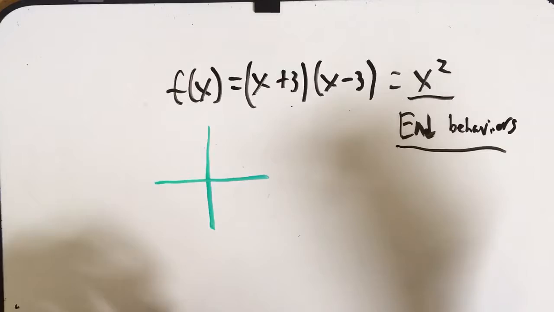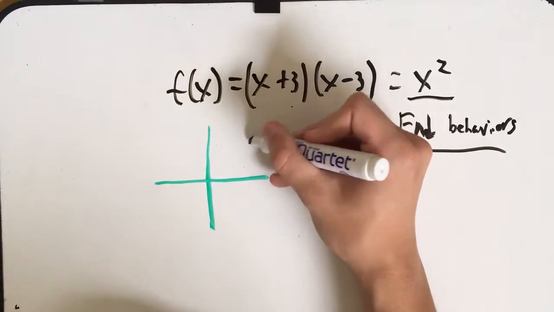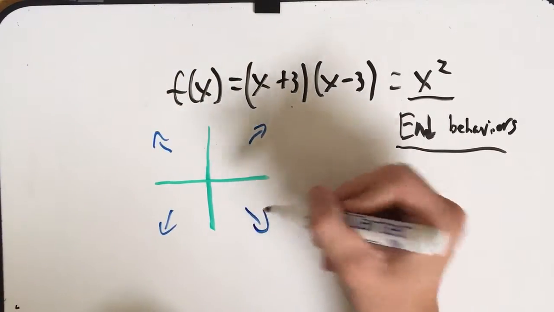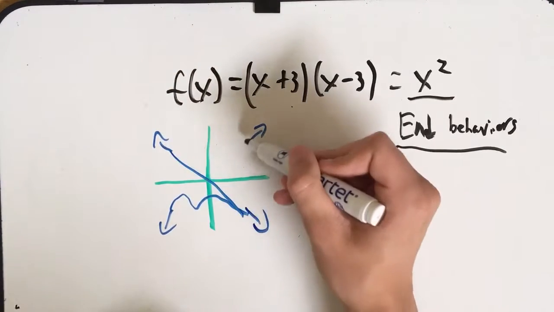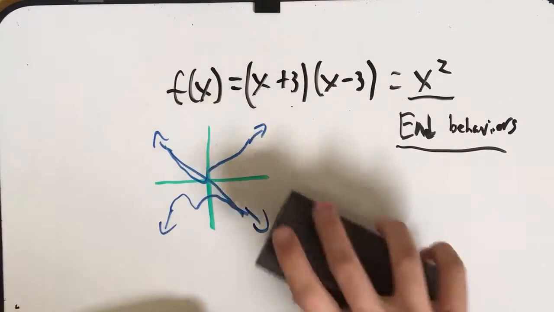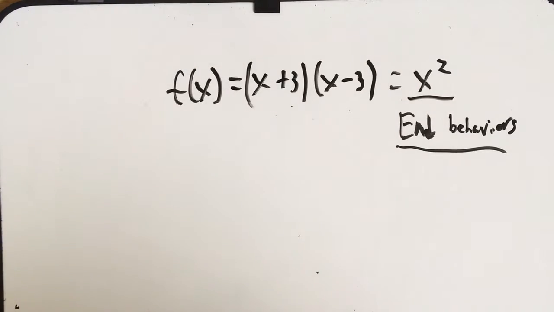These end behaviors are going to tell us what happens up here or over here or down here or over here. So the graph could look something like that, or something like that, or maybe like that. That's what we're going to be trying to figure out. So let's go ahead and graph that again.